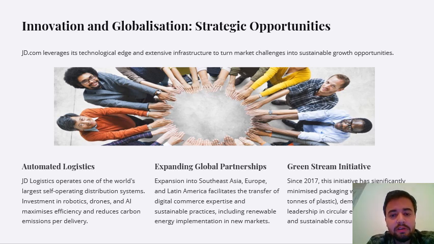Inventory management based on robots, drones, and AI technologies has contributed to a reduction in carbon emissions and an increase in efficiency. Another driving force in growth is global partnership in Southeast Asia, Europe, and Latin America. JD shares its experience of digital commerce implementations and practices renewable energy in new markets.